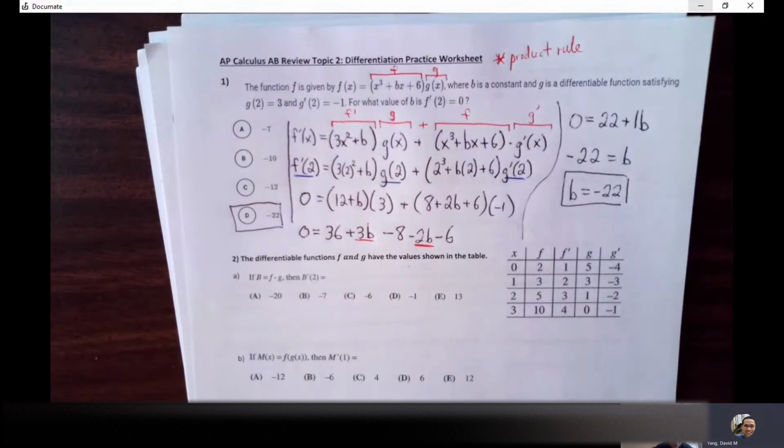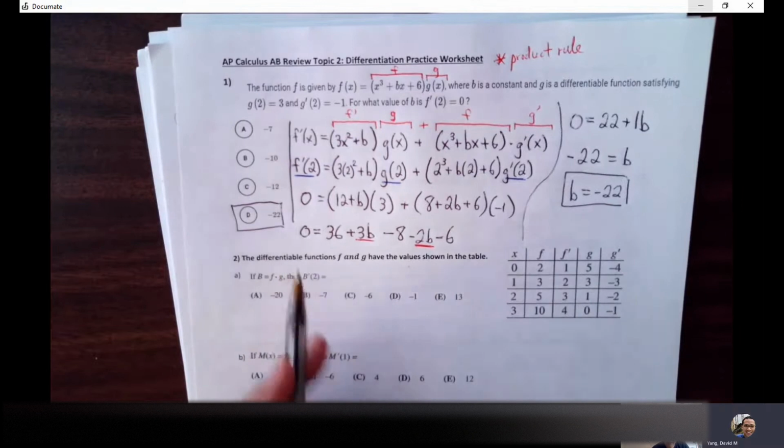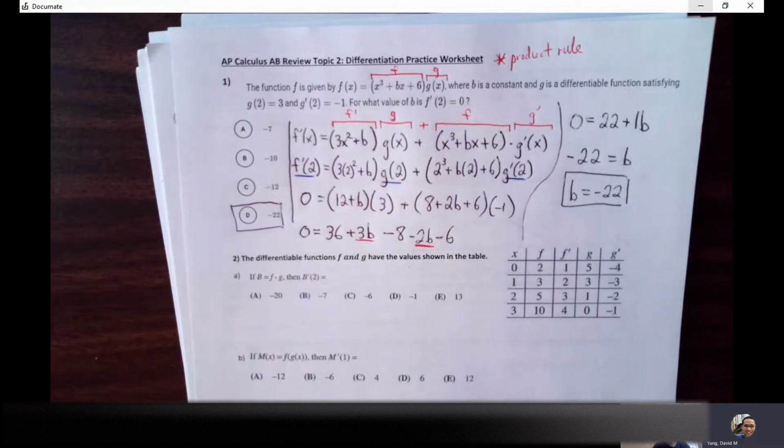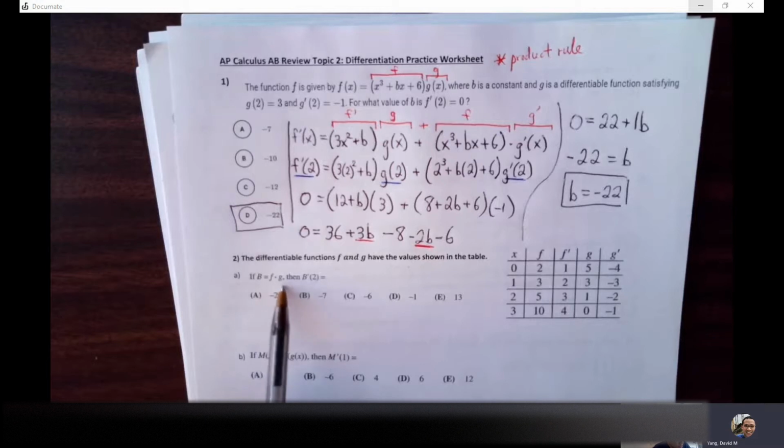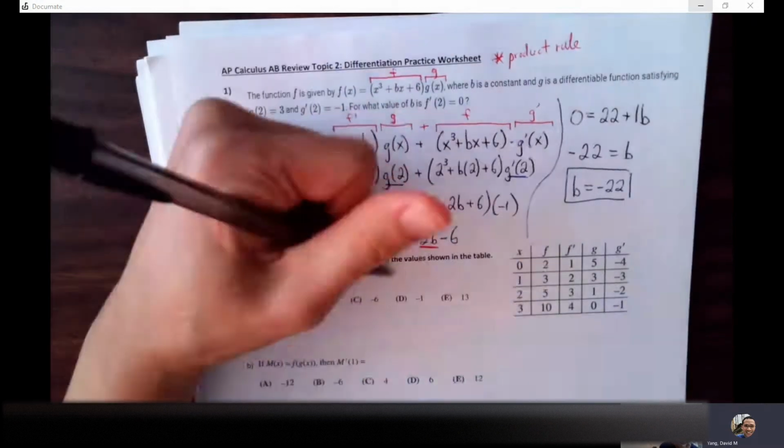All right, number 2, differentiable function. So smooth curve all the way through. It says b is defined as f times g. So we want to find b prime of 2. To find b prime of 2, we see that these are multiplied together. We have to involve product rule again.